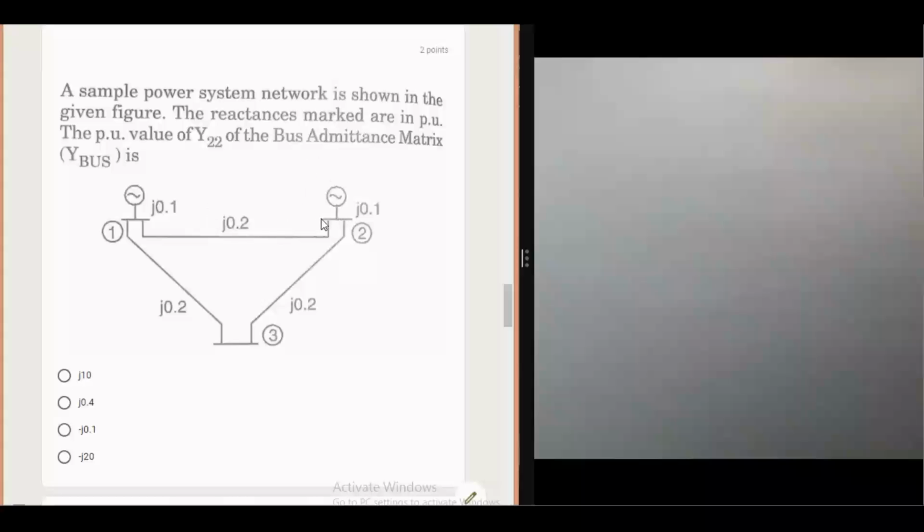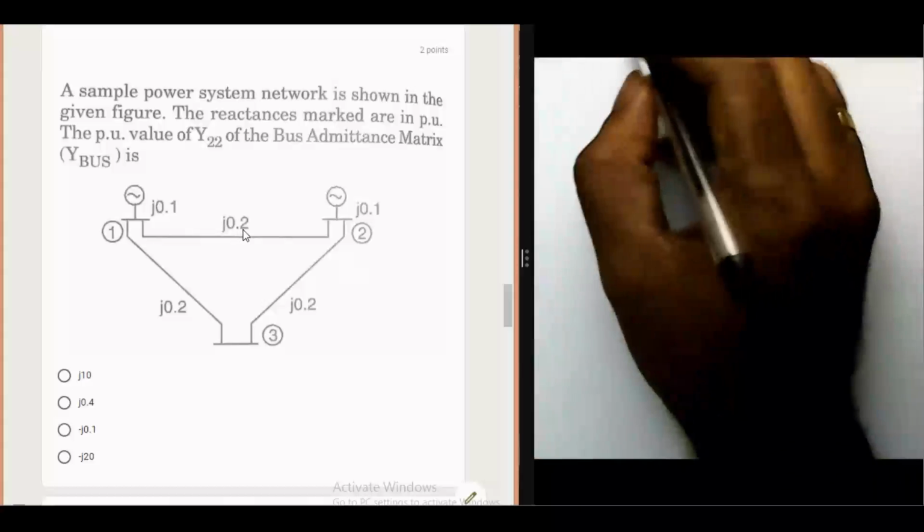Here the element connected to bus number 2 is 1 divided by j0.2.